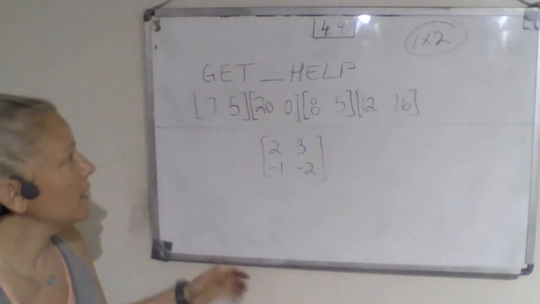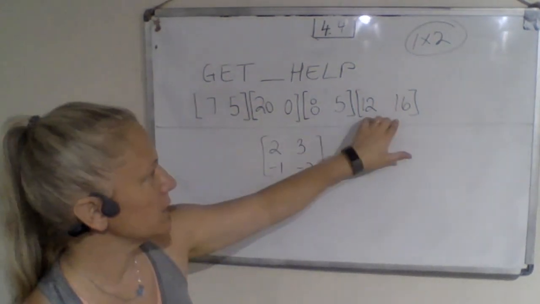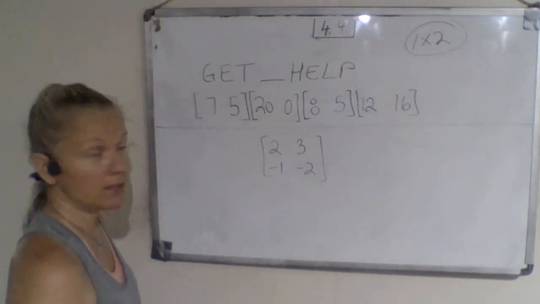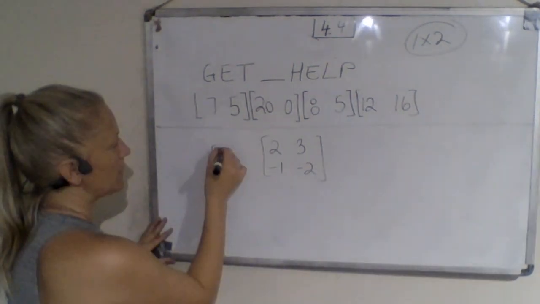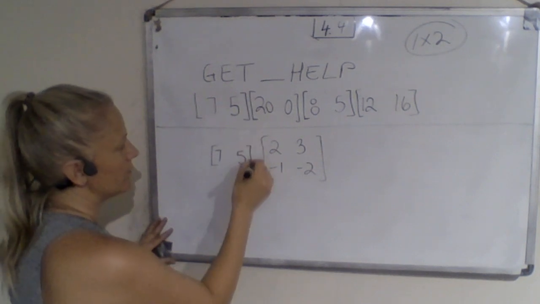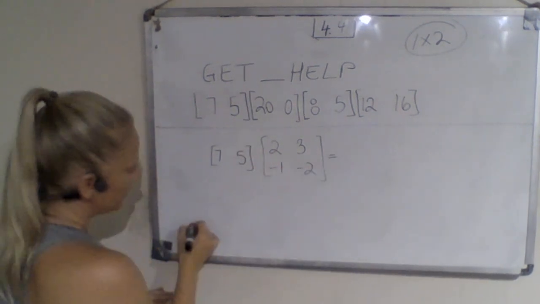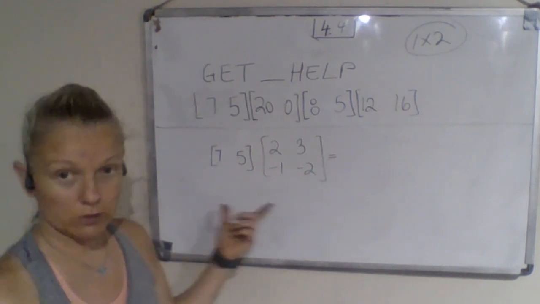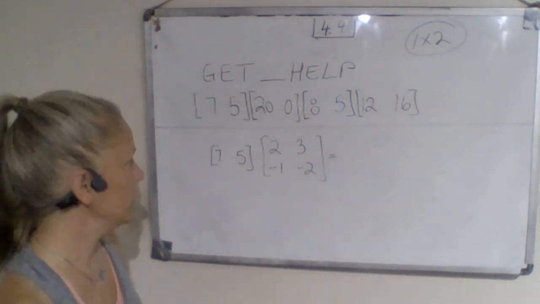How do we do this? Well, we already have the row matrices. We're going to go one by one and times them by this and see what numbers we get. First of all, we're going to times 7 and 5 by this matrix. And I'm going to write the numbers down here as I get them. Again, you can do this using a calculator, but this is a lot faster doing it by hand.